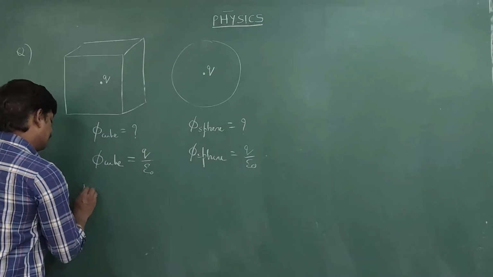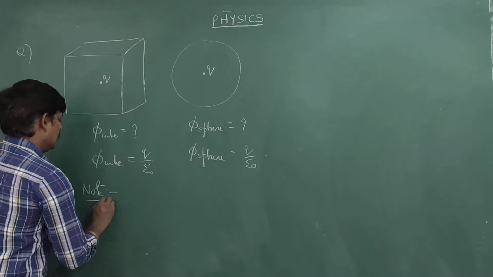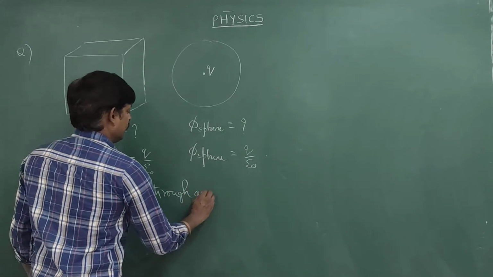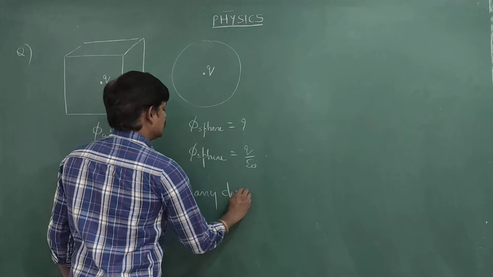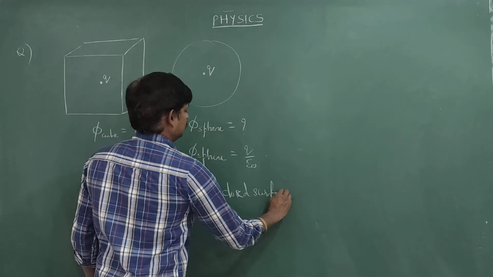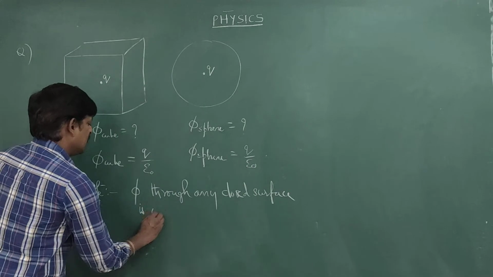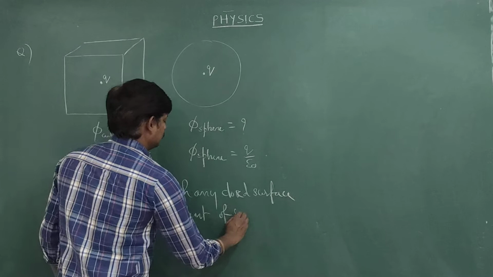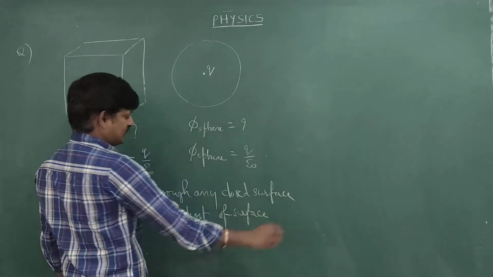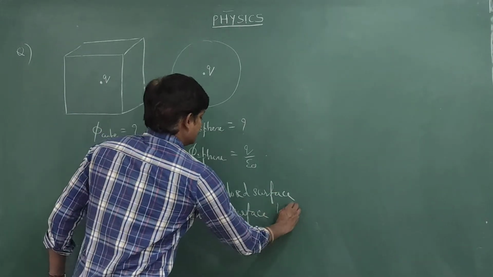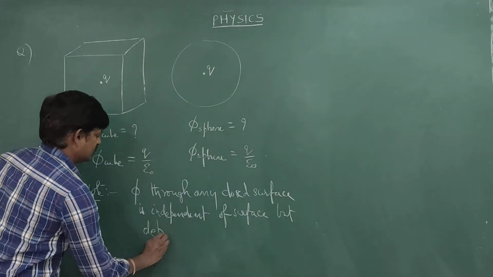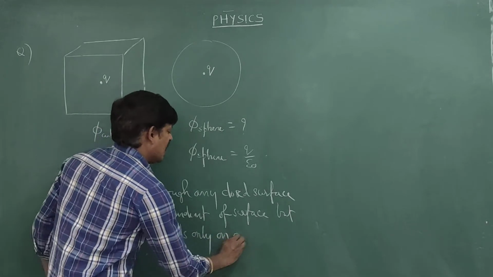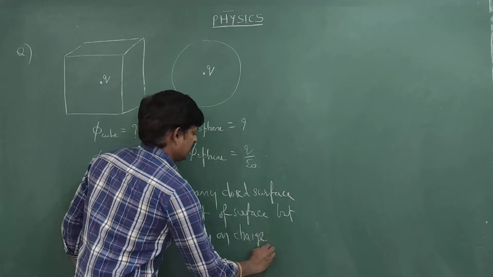So we can have one point here: flux through any closed surface is independent of the shape of the surface, but depends only on the charge inside the surface.